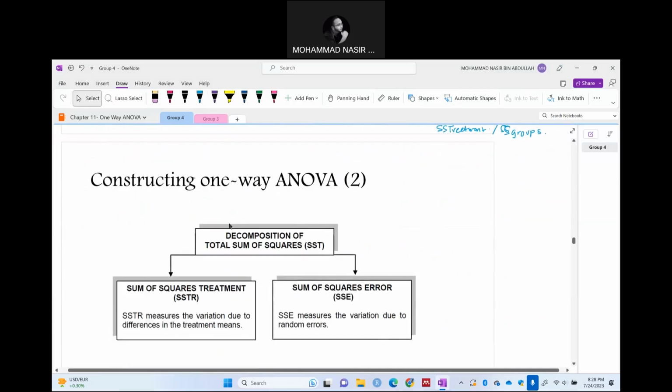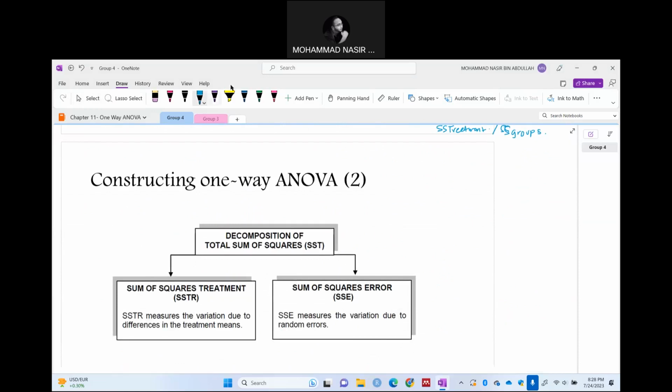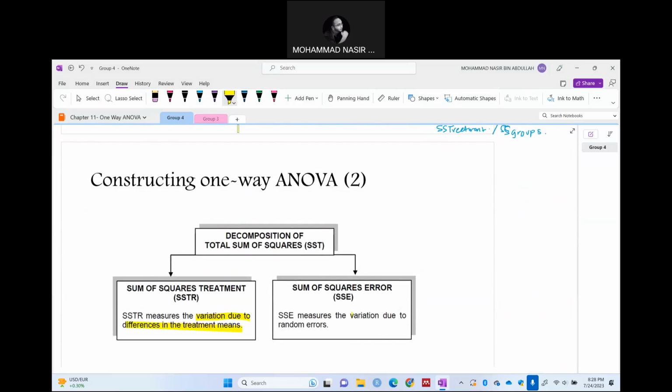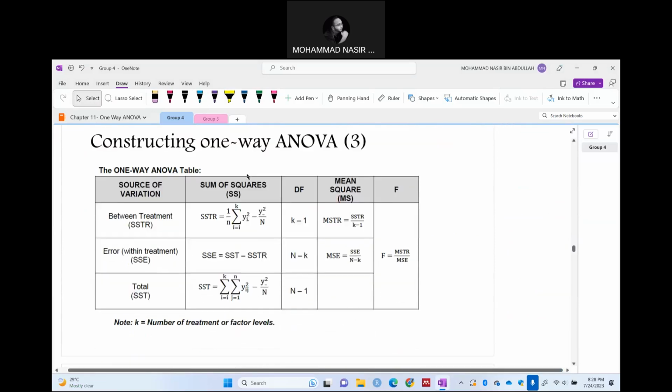So the sum of square treatment is actually the variation due to the difference in the treatment means. Sum of square error measures the variation due to random error. So this is constructing a one-way ANOVA table.